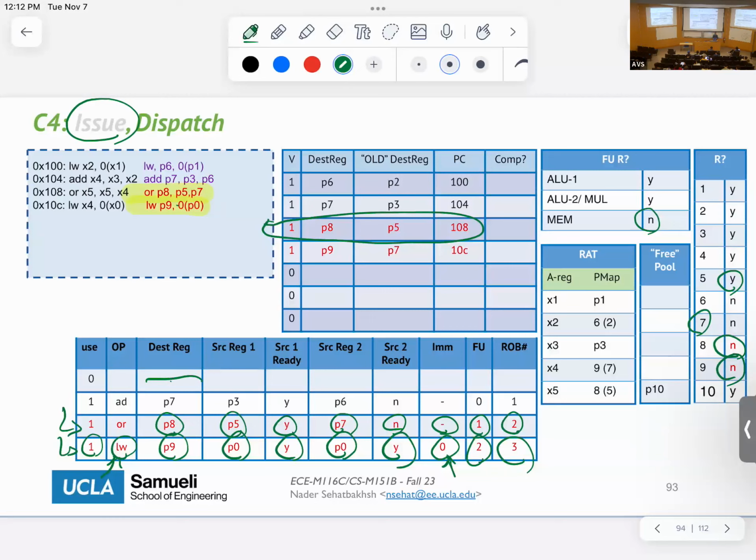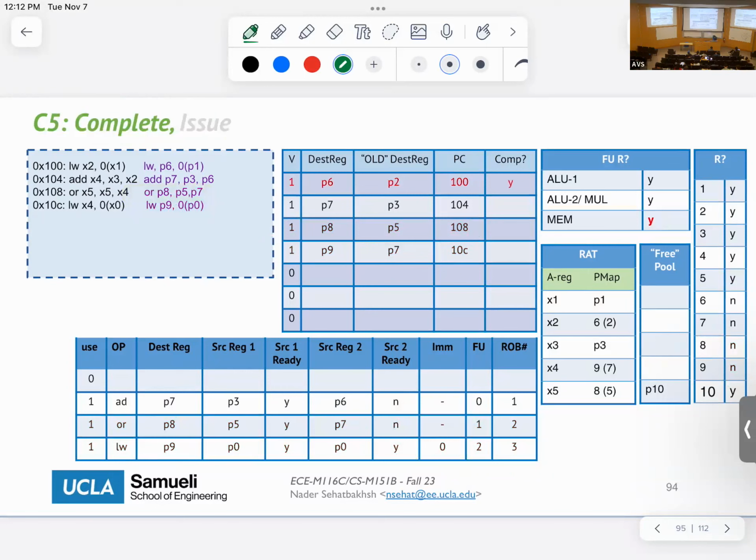For this example that I'm giving you here in the lecture, load takes only 1 cycle. So as a result, if I issue things in cycle 4, in cycle 5 the instruction will be completed, which means that the only thing that happens during the complete is that the complete flag on the ROB becomes 1.